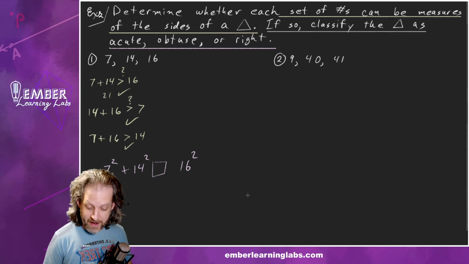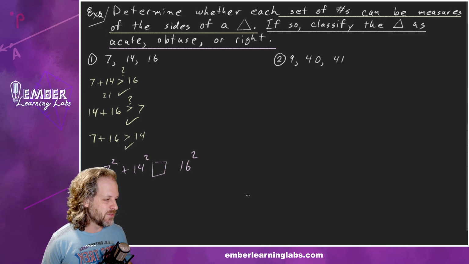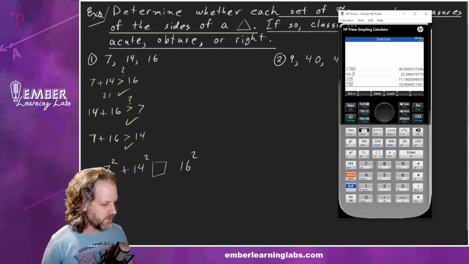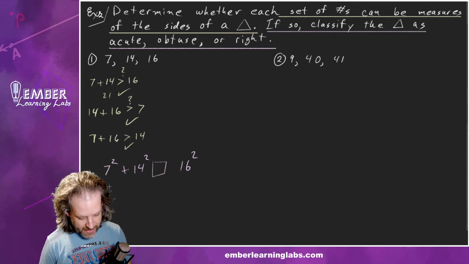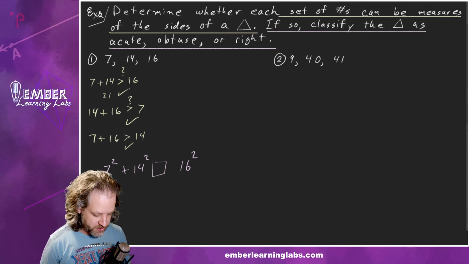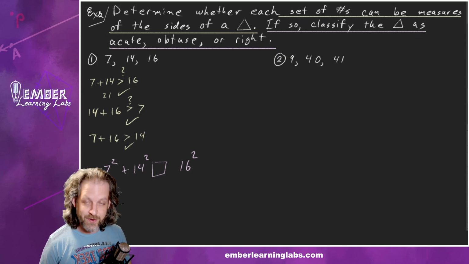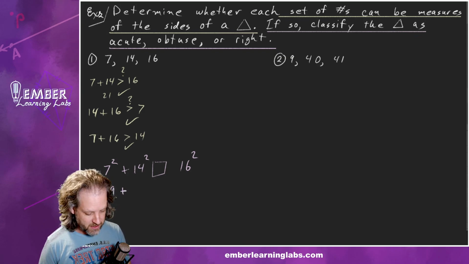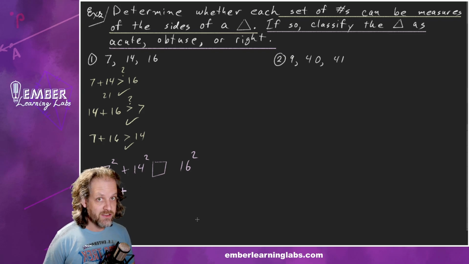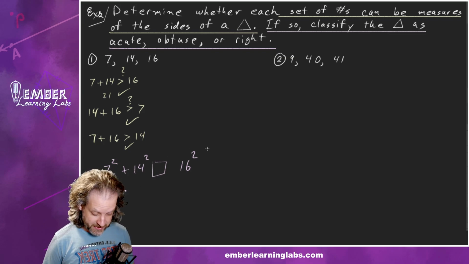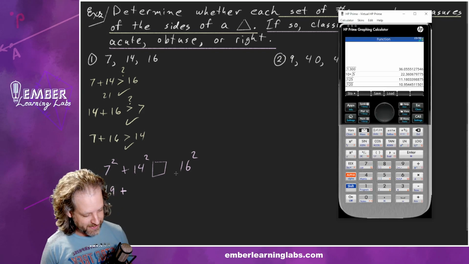So we're probably going to want our calculator for this because some of those squares are going to be kind of large numbers. So 7 squared, actually, we can do without a calculator. That's just 49. That's easy peasy. And actually, there are some tricks. If you're in like UIL number sense, you may know some tricks to be able to do 14 squared or 16 squared real quick and easy.